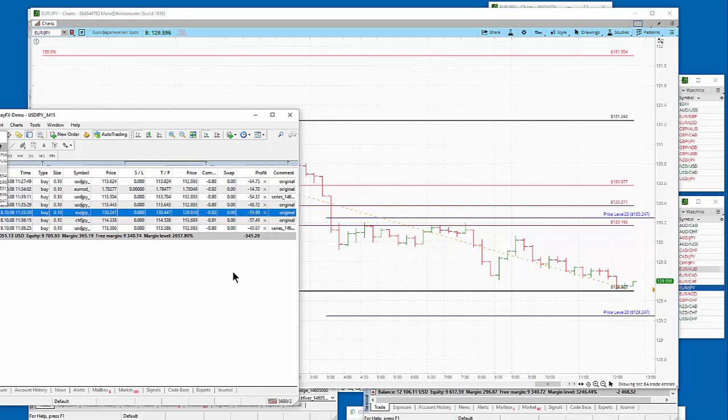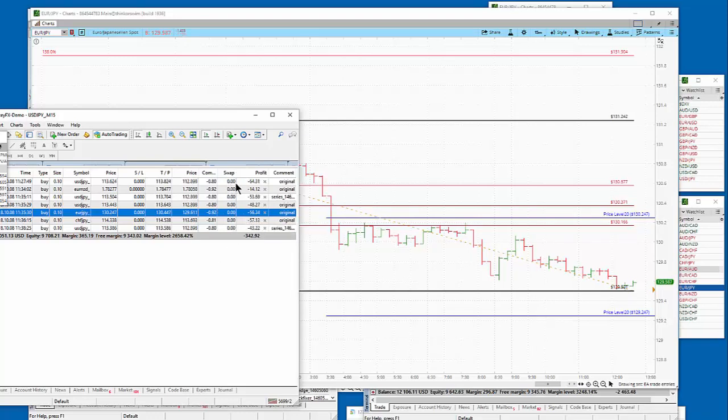Because once it hedges, it's not going to matter where the price goes from there, because we will have trapped the 100 pips, or about $100 of negative equity in the account. It's not going to get any worse, no matter which way the price moves, right?